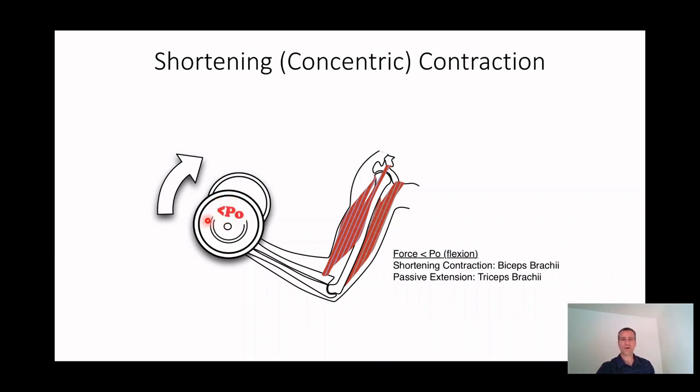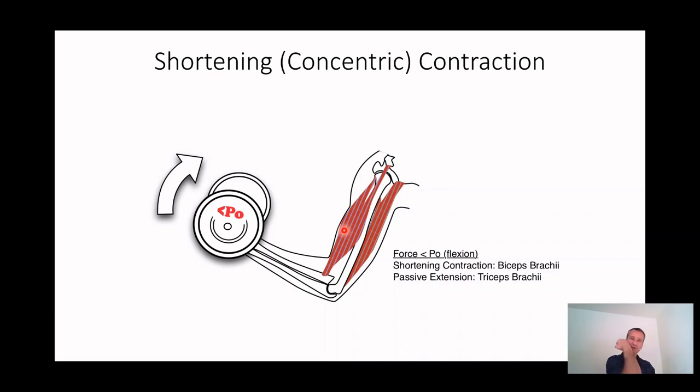Okay, so PO is the force that your muscle can produce at maximum. All right, so in this situation where you've got a shortening or a concentric contraction, in this situation where I'm doing a bicep curl, my bicep is doing a shortening contraction or a concentric contraction because it's moving the weight up towards the shoulder.